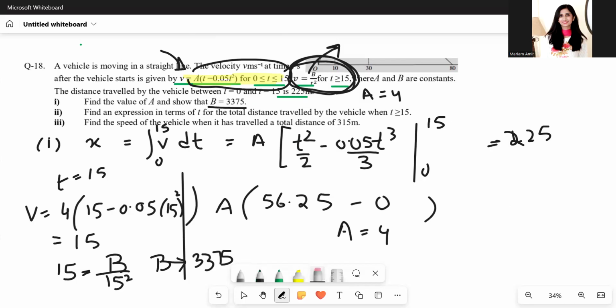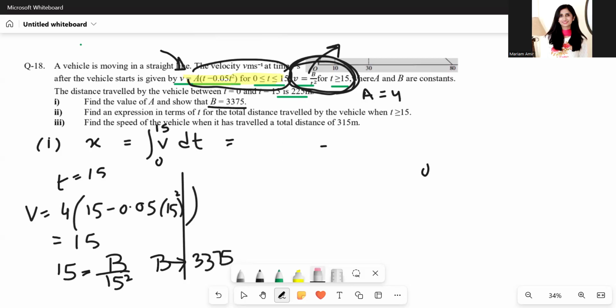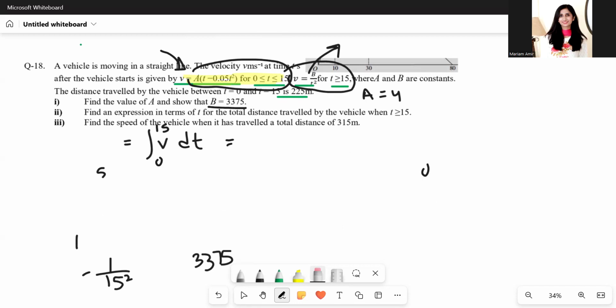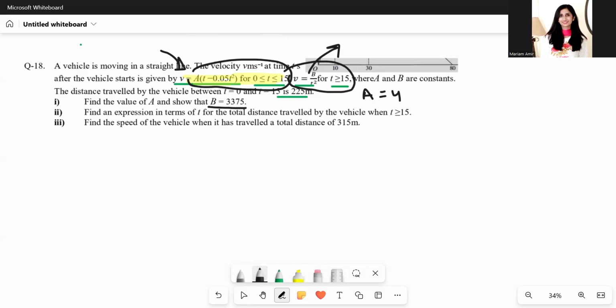Okay, so for distance, again, we need to integrate the expression for v when time is greater than 15. So we have to integrate this second expression. Okay, so v when t is greater than or equal to 15, v is b t to the power minus 2.